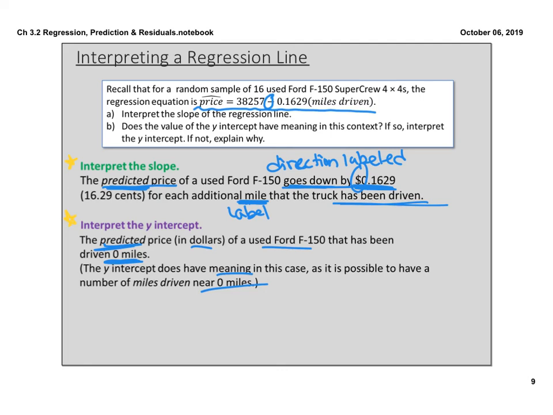So if you put miles on the vehicle, then you can't have a truck that has 0 miles on it. That's just not something that's possible. So the y-intercept doesn't often have a whole lot of context, but you will spend a lot of time interpreting the slope. The slope is something that's going to have a lot of context in your question, so that's one that you will have to write up interpretations for.